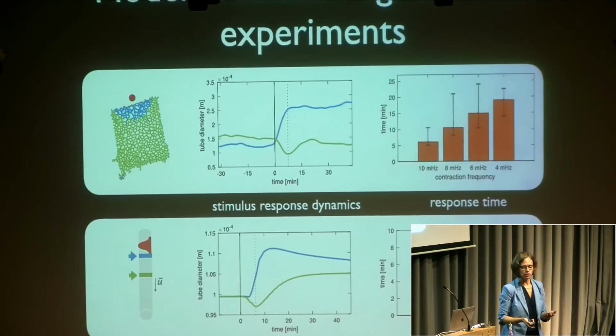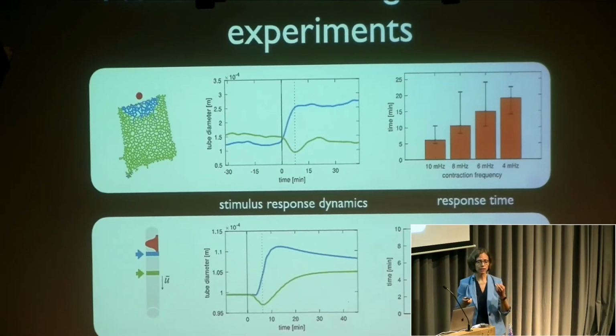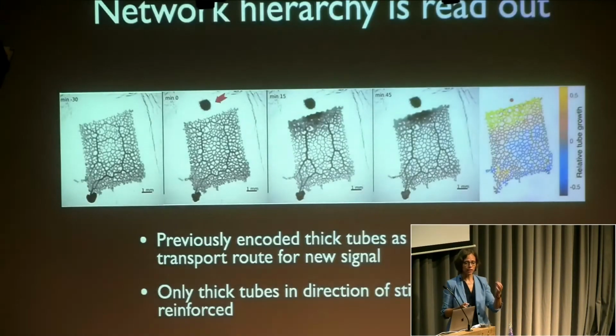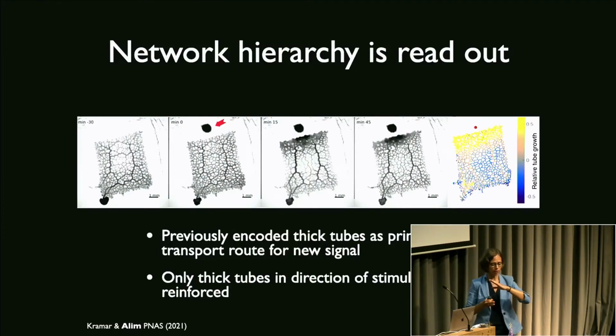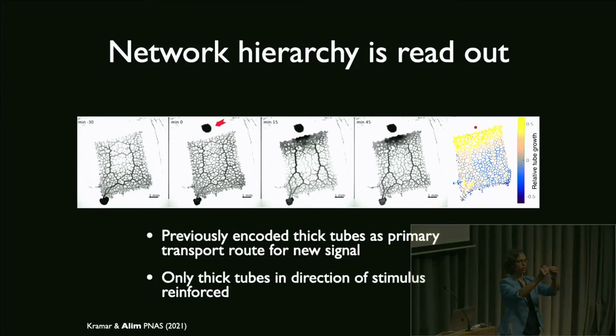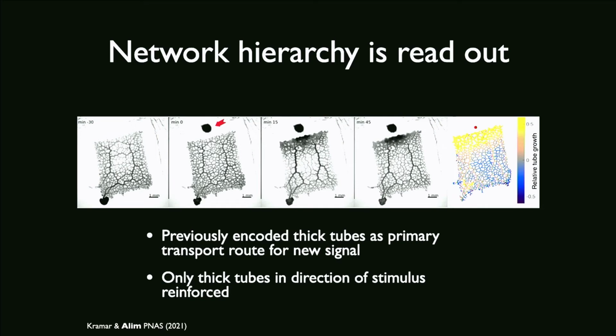So this drives us to conclude that indeed you set up memory by the localized food source driving the release of a softening agent within the network, and it's transported within the fluid flows and sets up a new hierarchy of thick tubes and thin tubes.